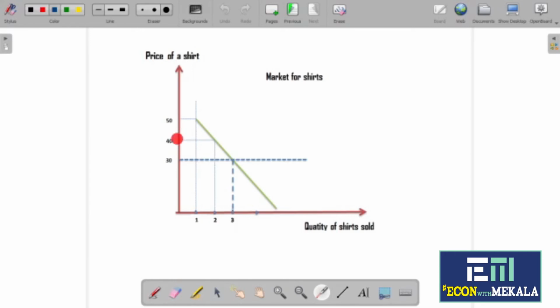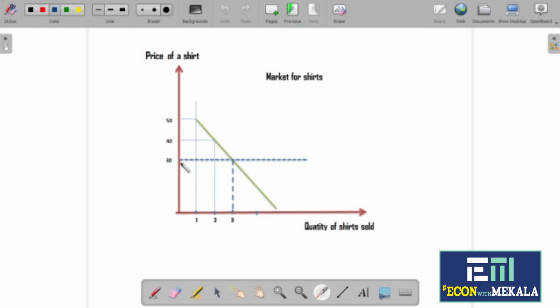Then the value of the second shirt is 40. You can see the value he is paying for the second product is decreasing. Moving from the first shirt to the second shirt, the value you are paying for the second product is less than the value you paid for the first product.